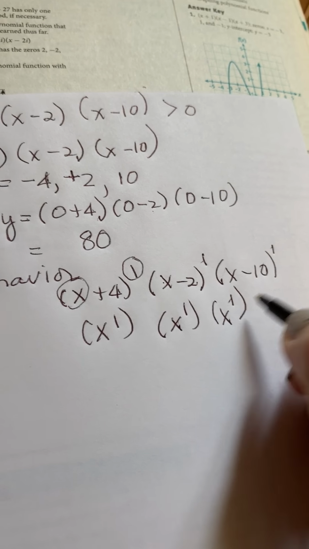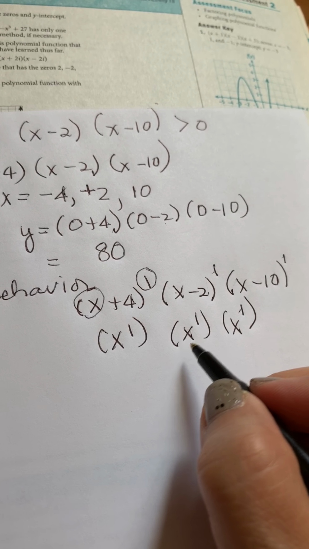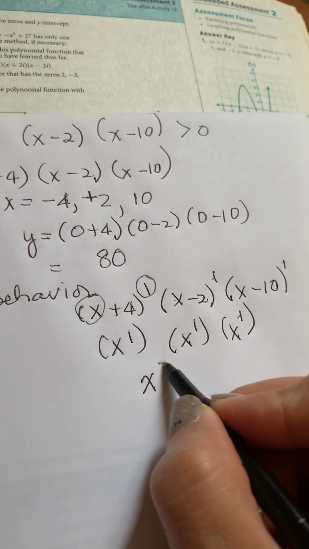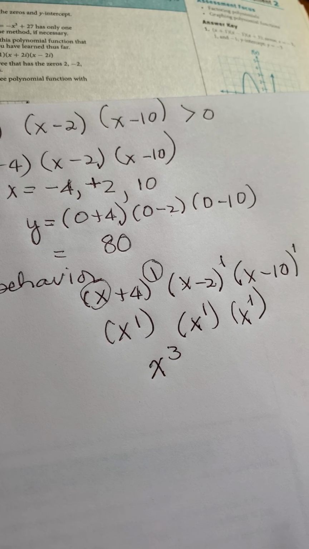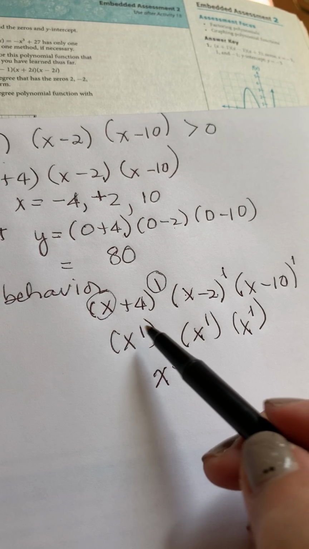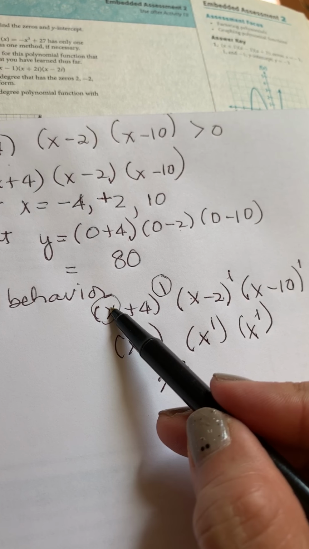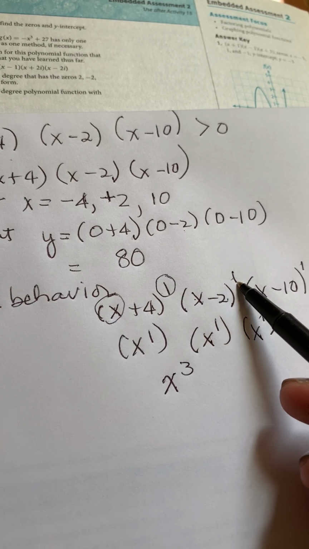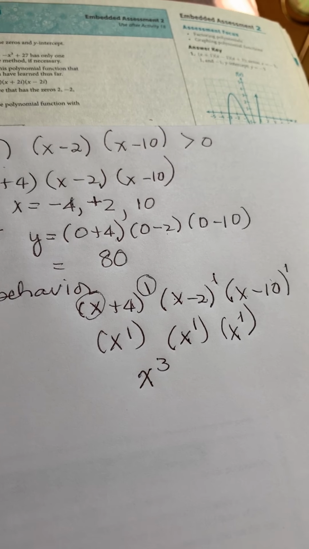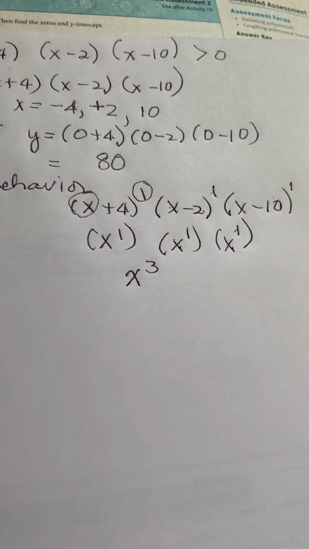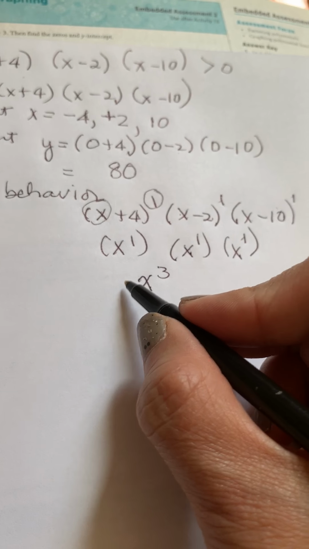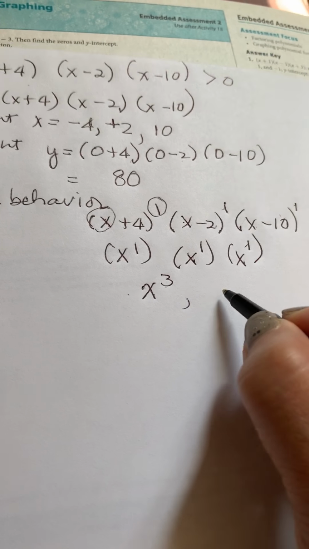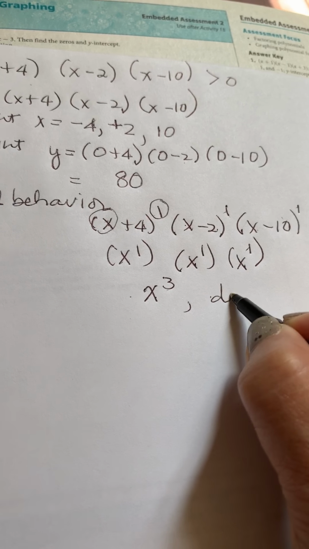So our leading term will be x to the 3. When it is in factored form, you raise the first term to that power, first term to that power, first term to that power. Since this is positive, odd, our end behavior will be down, up.